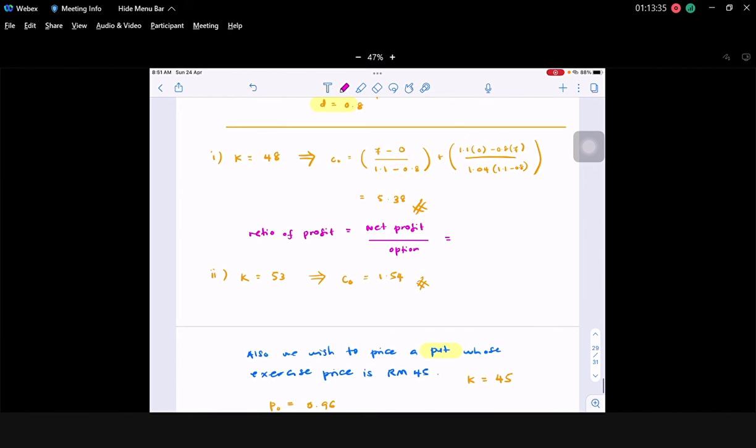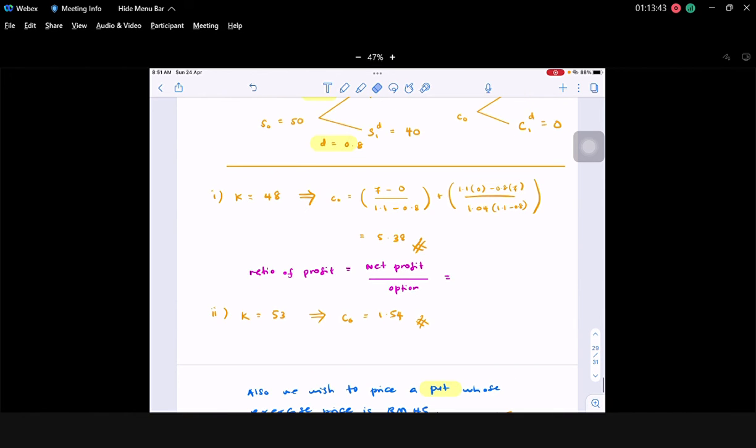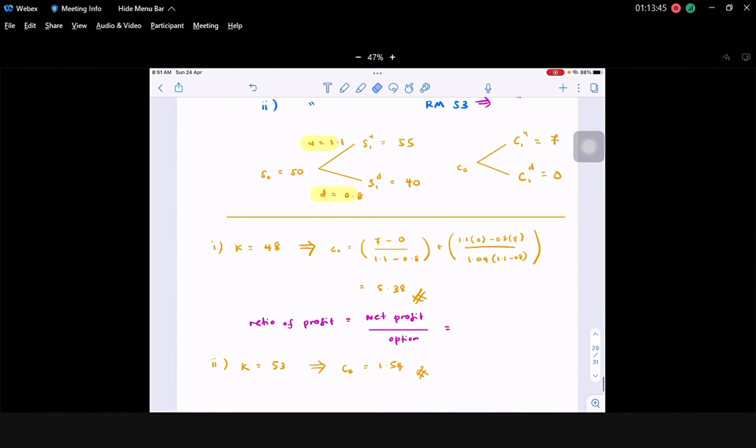Okay, so net profit based on kita punya payoff tadi, C1. Okay, so kita tengok dekat sini, C1U, kita dapat, okay, so in case of kita punya speculation is correct, so maksudnya price move to the higher price, so kita punya call option, kita punya payoff untuk C1U adalah 7.